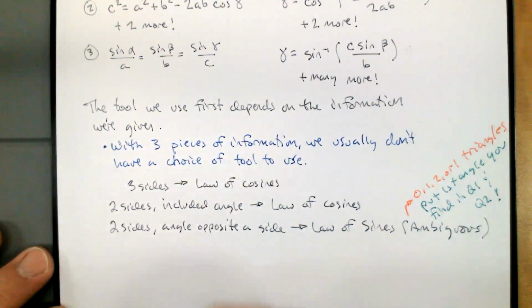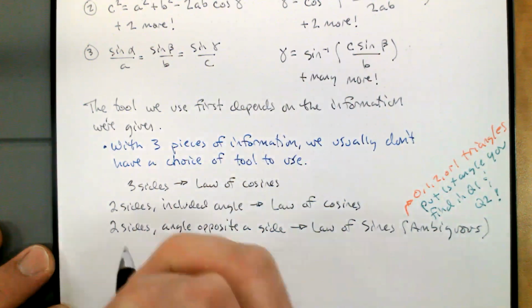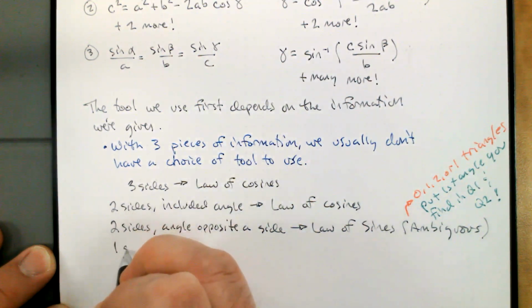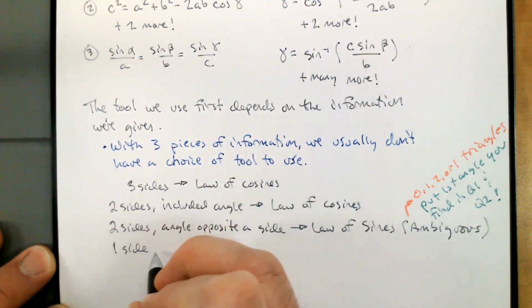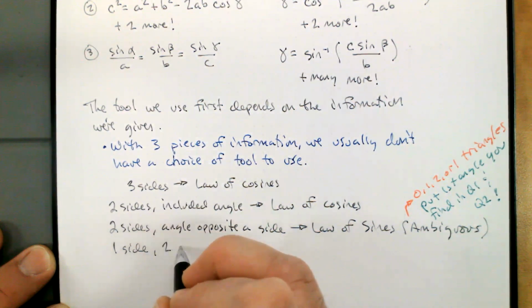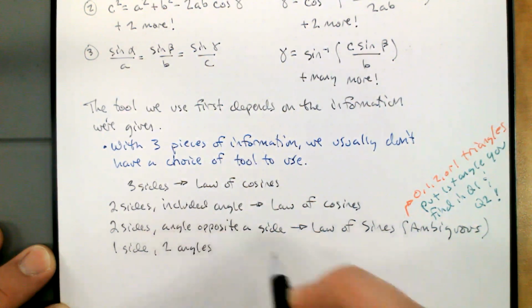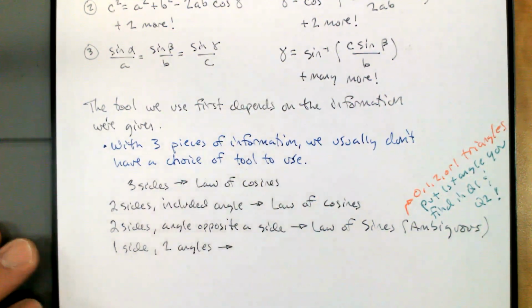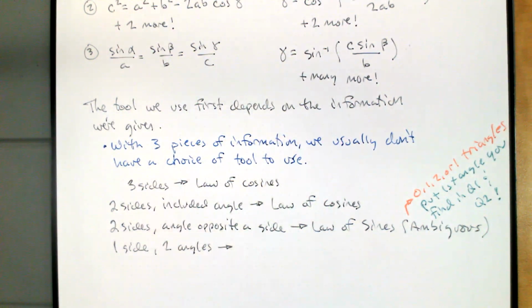If you have one side and 2 angles, the first thing that you should do is subtract to find the third side.